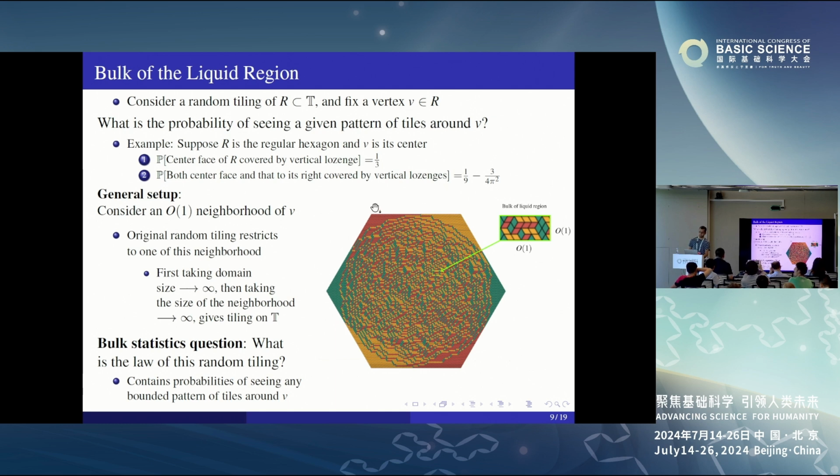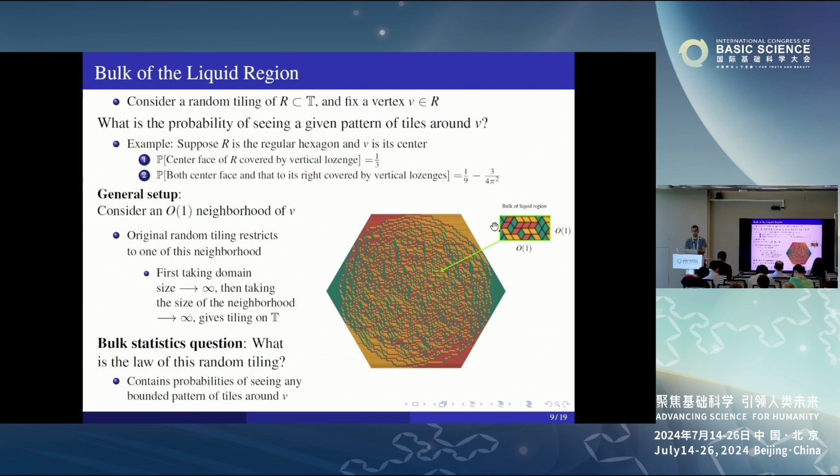As an example, this big hexagon is my domain R. I have some point V inside, and I take some order 1 neighborhood of it, this little green square, which I've zoomed in on. So I have some random tiling of this order 1 neighborhood.